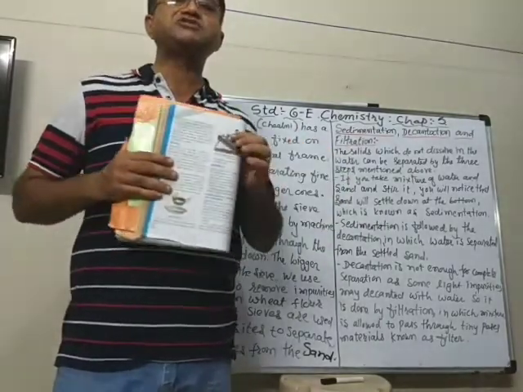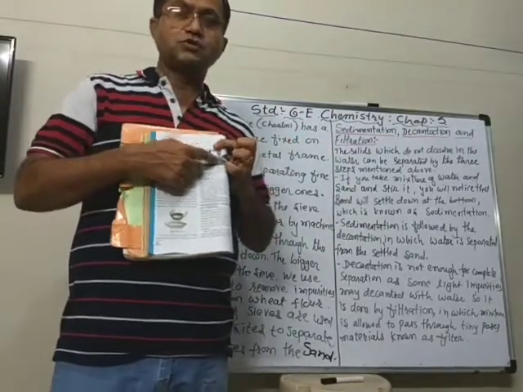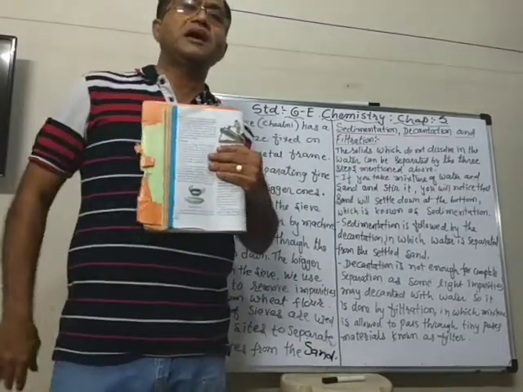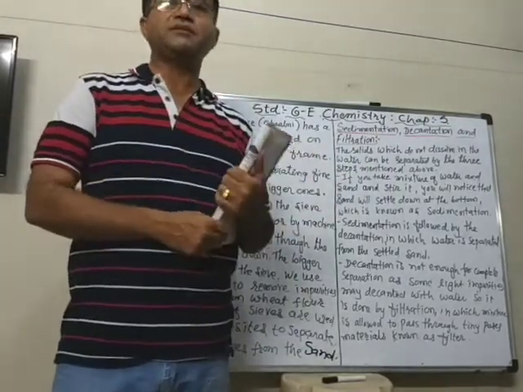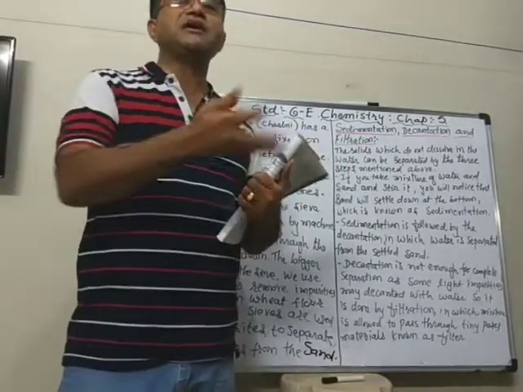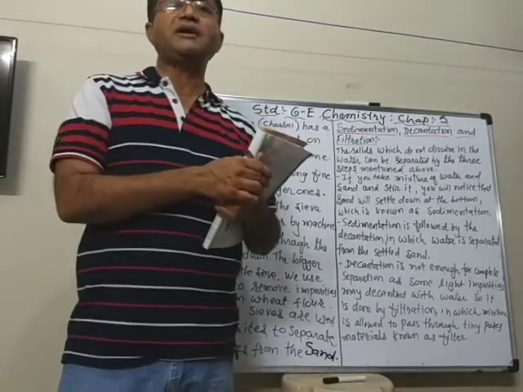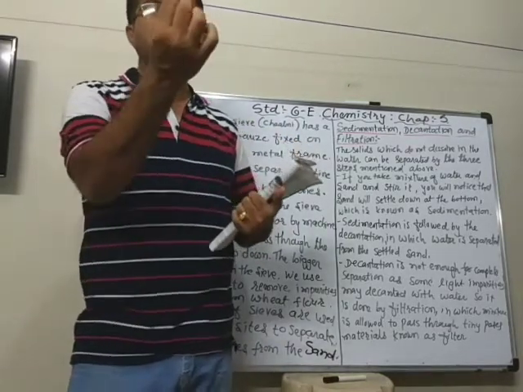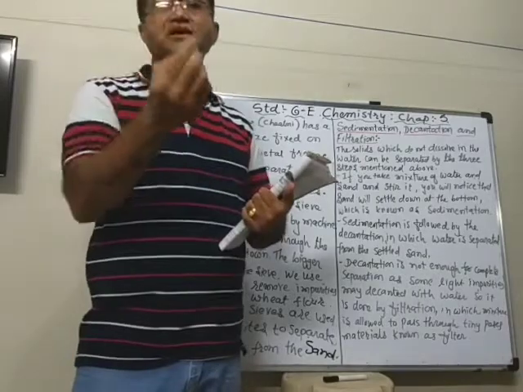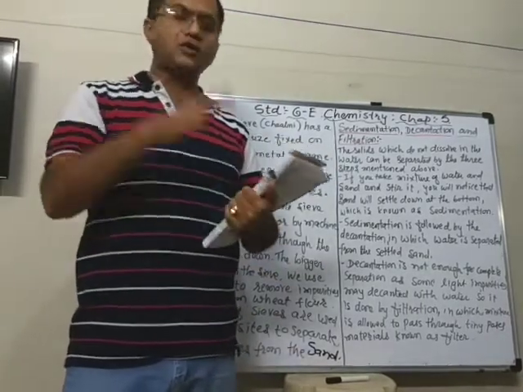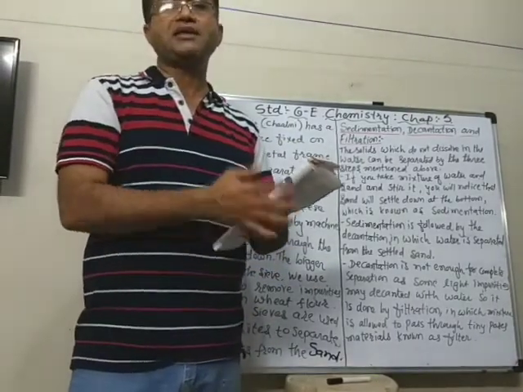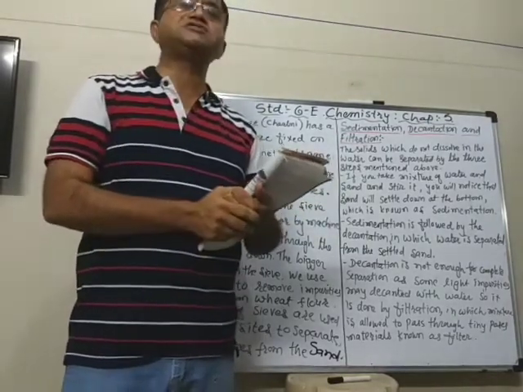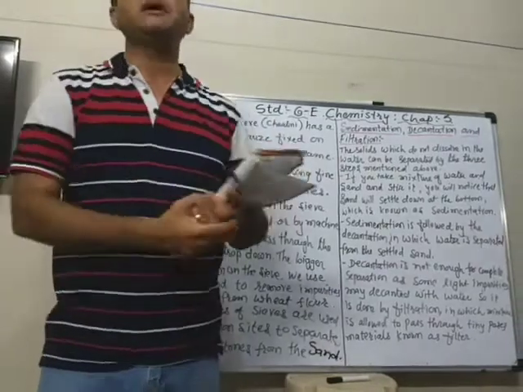Then they allow that mixture to fall on that sieve, and with the help of a spade or something, they move that mixture up and down. So what will happen? The sand, which is made of very, very fine small particles, will fall down from the sieve, and the big stones and the pebbles will stay on that sieve, and then they will make it separate.